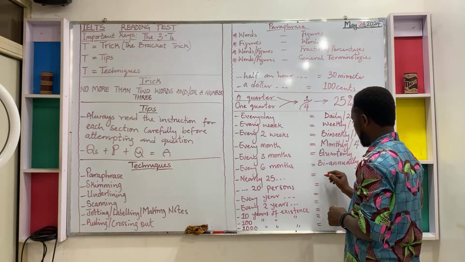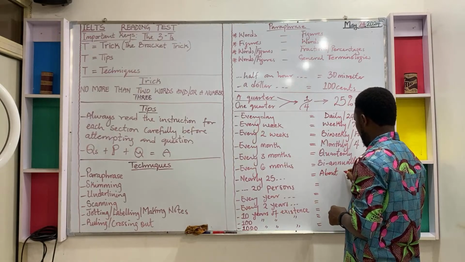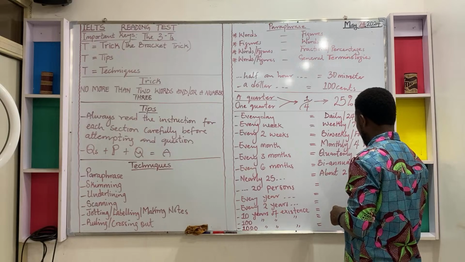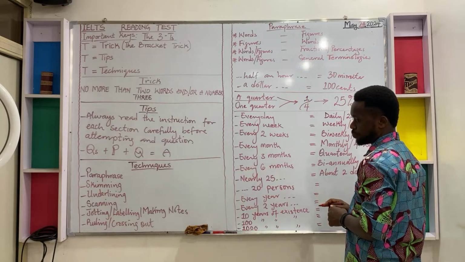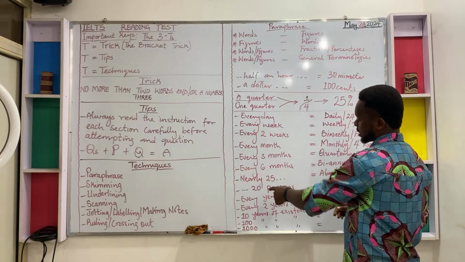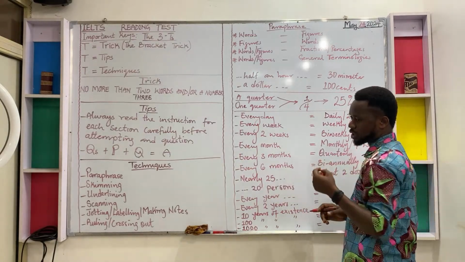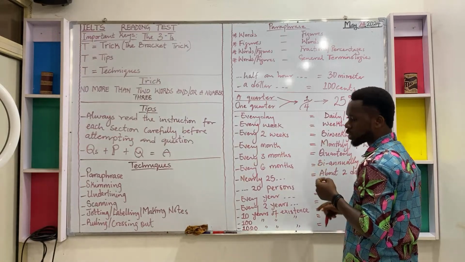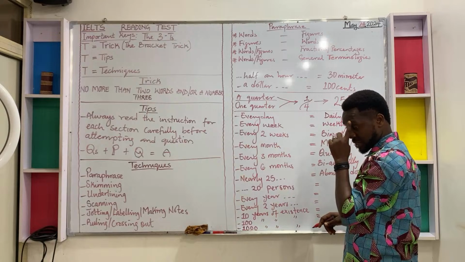Nearly 25 can be about 2 dozens. Here it says nearly 25. That does not give us a precise number, and about 2 dozen does not pronounce exactly 2 dozens either.